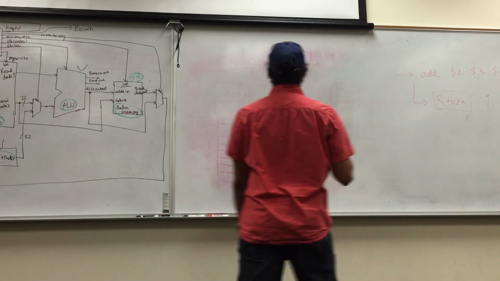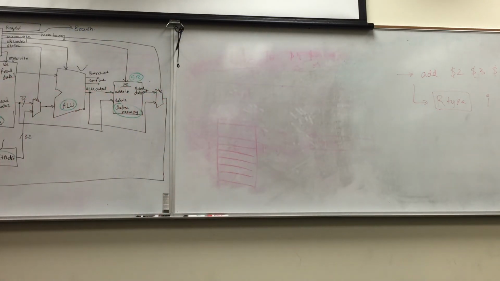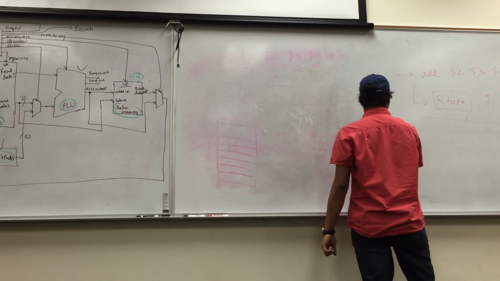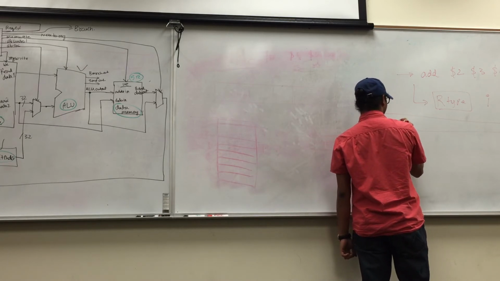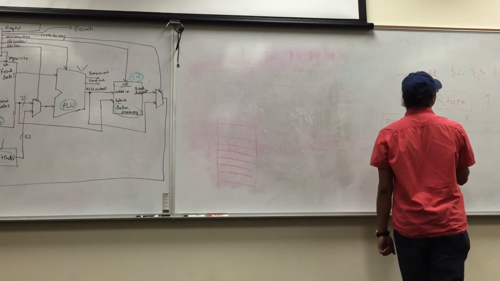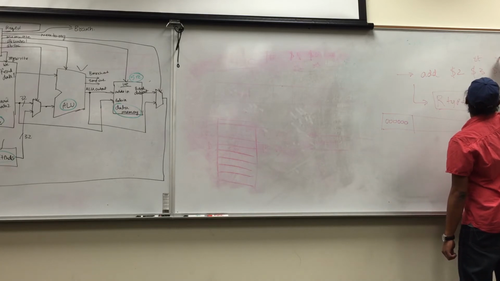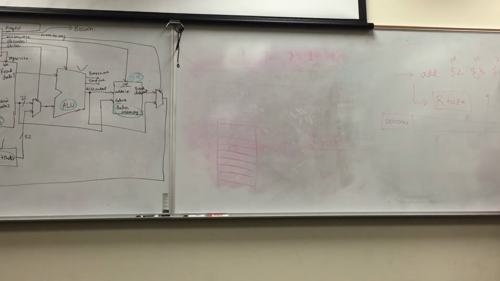That's the first thing to remember. Now, when I give that instruction, let's have the 32-bit values. The opcode is 000000. The fields are RS, RT, RD. Is it RS, RT, RD, or the other way?